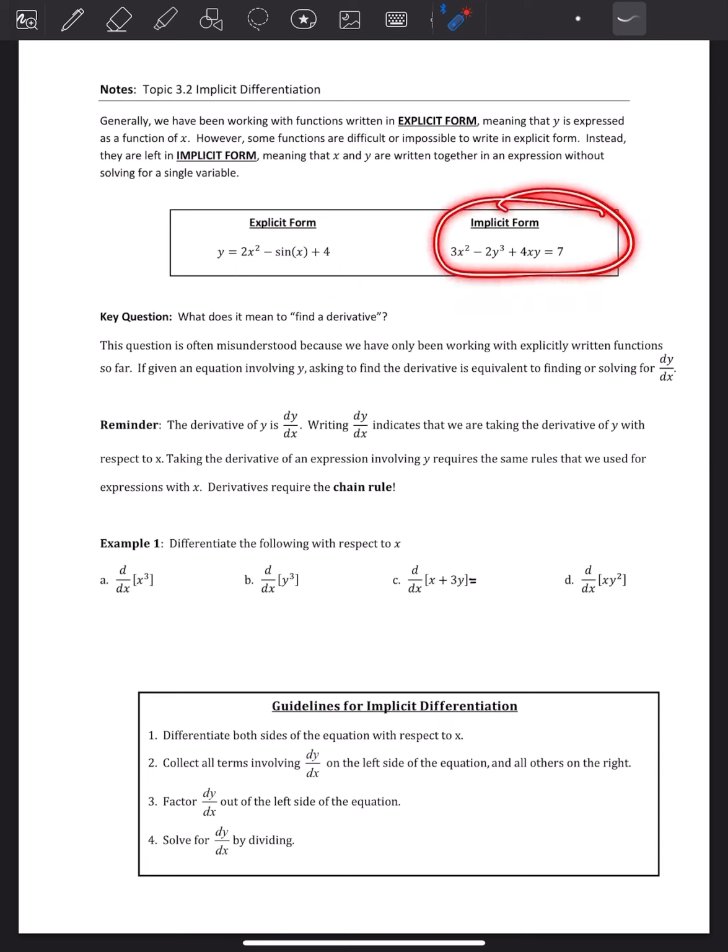Implicit form is when we have two variables kind of intermingling with each other, or when we have something like y over here raised to the second power or square rooted or anything else happening to it besides it being 1y to the first power. So we're going to be finding derivatives. And our derivatives for what we've been doing is slope.